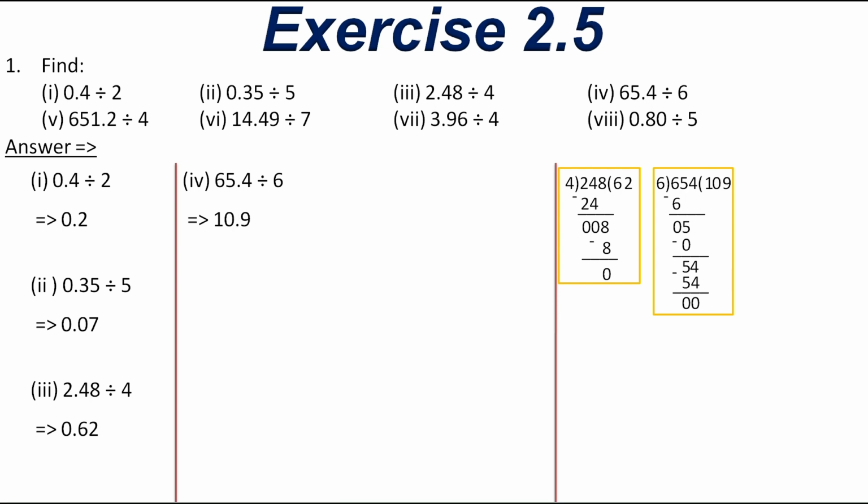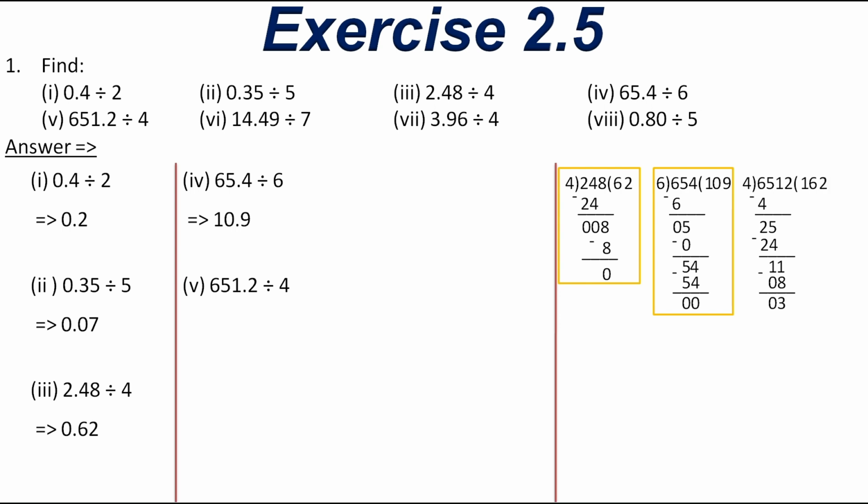Next we have 651.2 divided by 4. So we have to divide 6512 by 4. So 4 ones are 4. 6 minus 4 is 2. 5 came down. Now 4 6s are 24. 25 minus 24 is 1. Now 1 came down. So it became 11. So now 4 2s are 8.